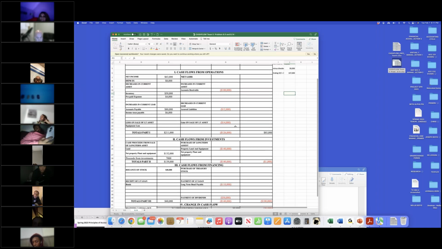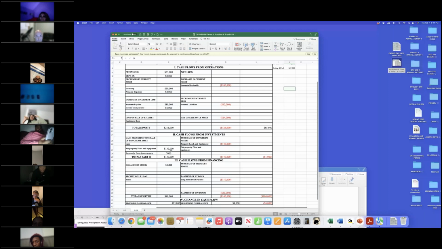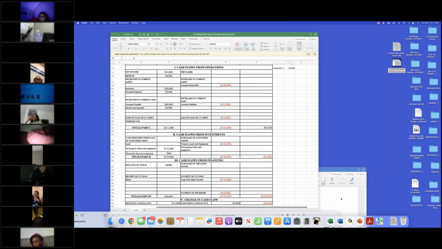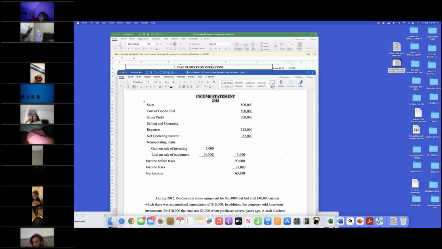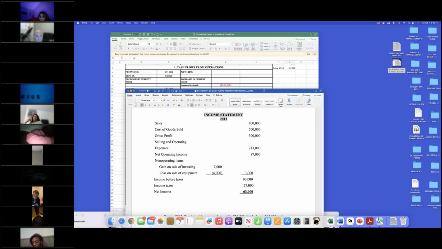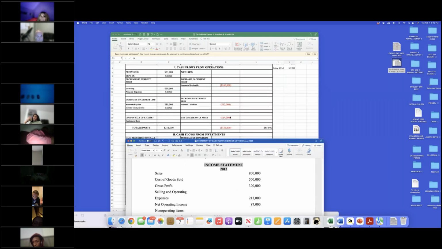So most of that is standard. Let me go to the problem. They had a gain of 7,000 and a loss of 4,000. So it would appear to me that this number should be $7,000 and 3,000 should be here.